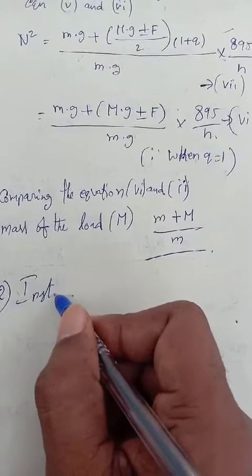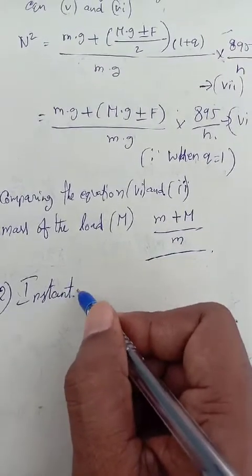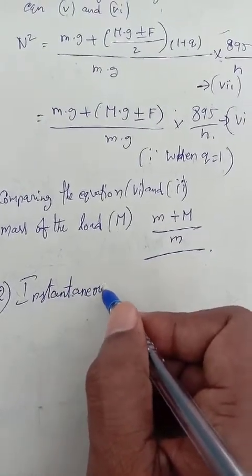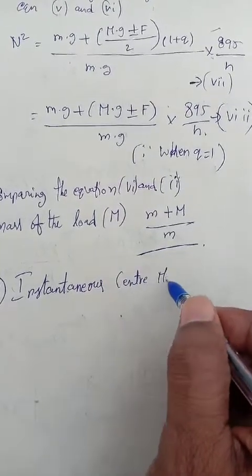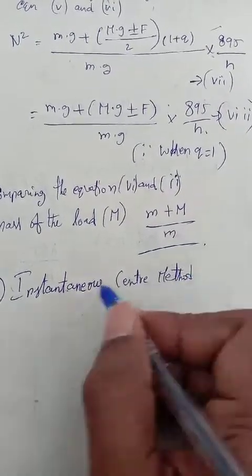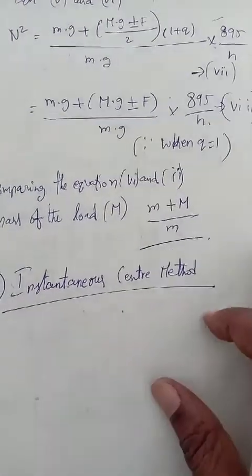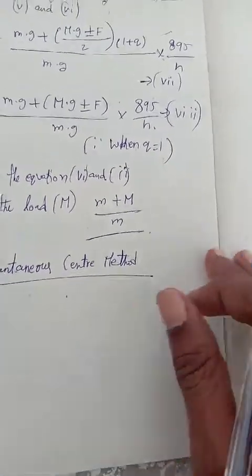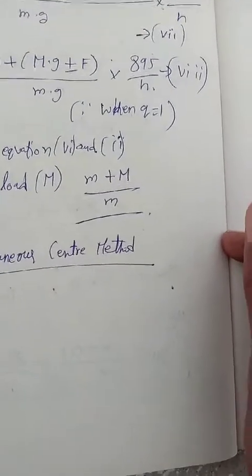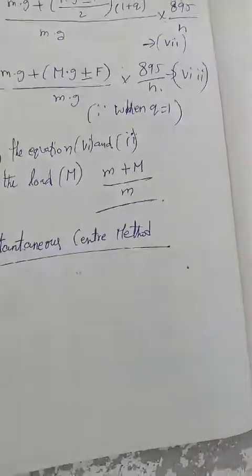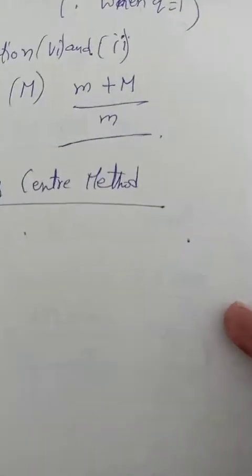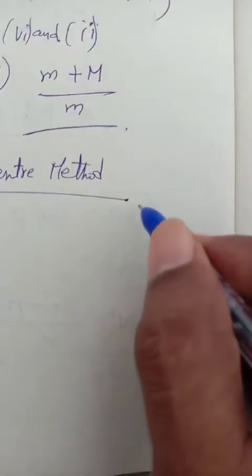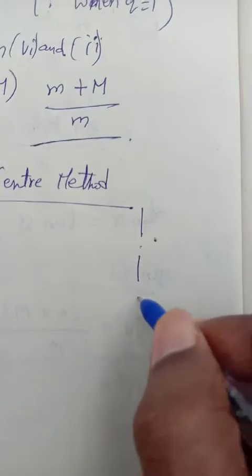That is called the instantaneous center method. In this method, equilibrium of the forces acting on the link BD is considered. So then we are going to see here, I am going to draw the diagram of this free body diagram.